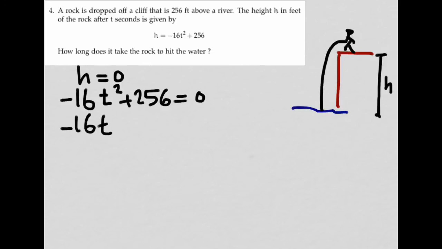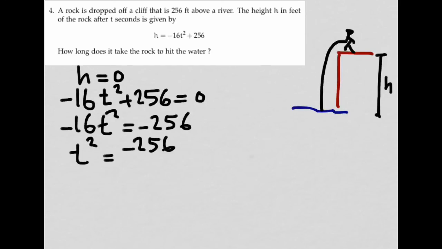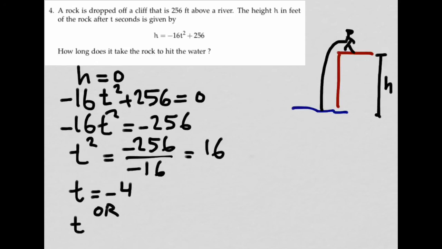Minus 16 t squared equals minus 256. T squared is minus 256 divided by minus 16, which is 16. This means that t is negative 4 or t equals 4.